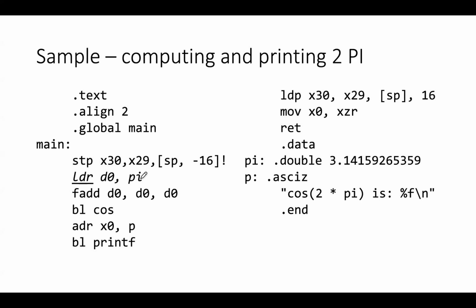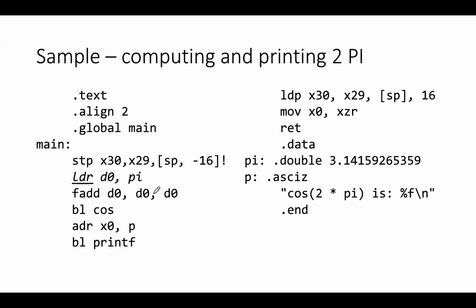So usually you've seen, for getting at things in the data section, ADR, and an LDR from a register. So this is different syntax to be able to fetch what's in memory at this label.